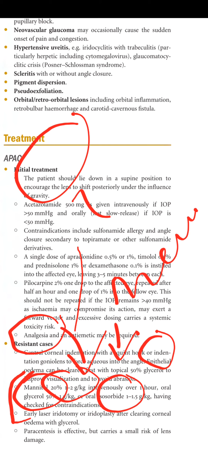When you clear the corneal edema, you can do early laser peripheral iridotomy or iridoplasty to open the occludable angles. Paracentesis is effective, meaning you just do an AC tap or vitreous tap so that IOP is reduced, but it has a risk of lens damage.